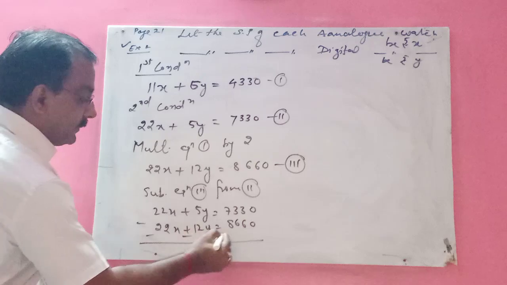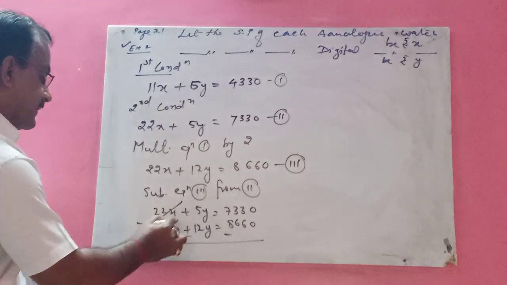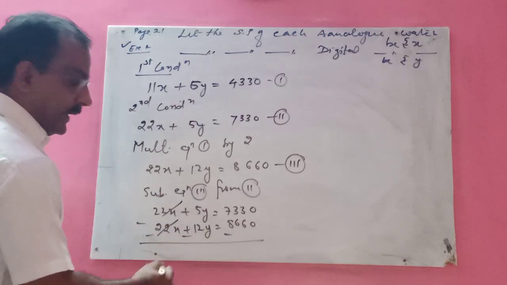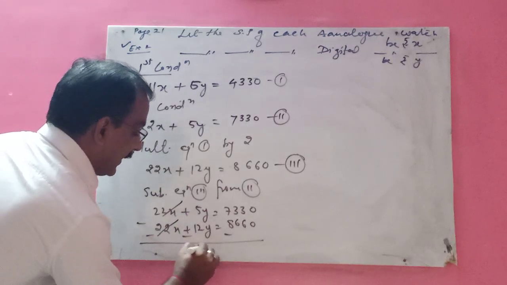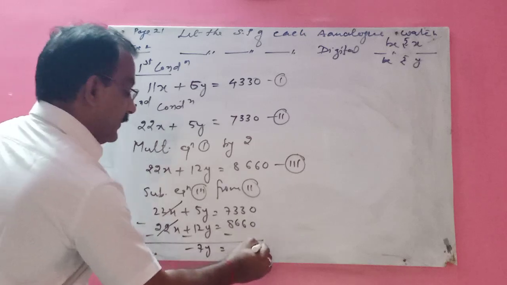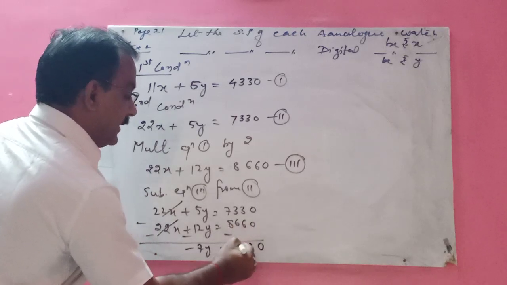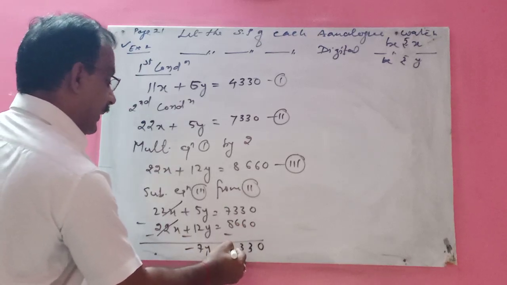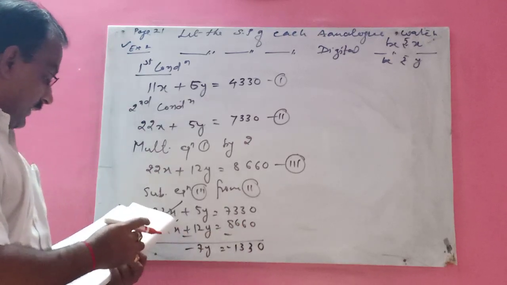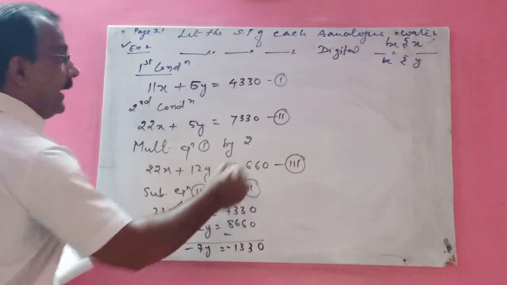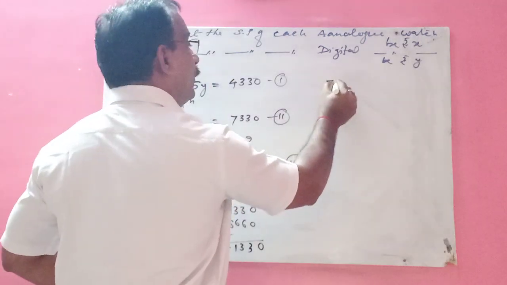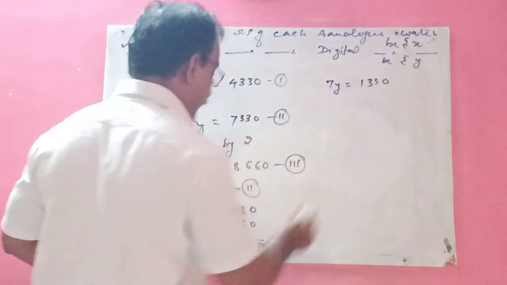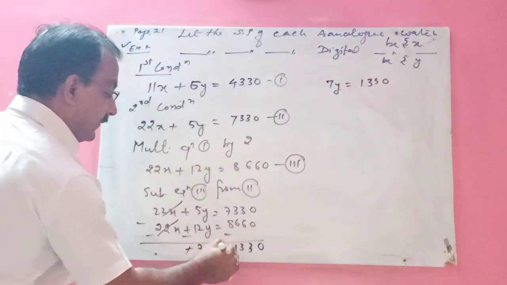This will become minus, minus, minus. So these two get cancelled, children. Plus 5Y and minus 12Y, how much will you get here? Minus 7Y. And here, 7,330 minus 8,660 gives minus 1,330. So you will get minus 7Y is equal to minus 1,330. The minus signs get cancelled.